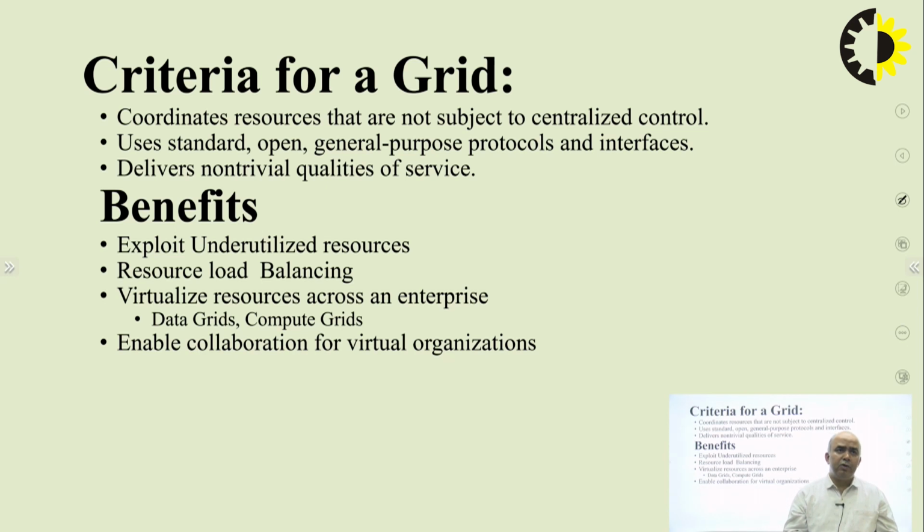So the criteria for a grid are: coordinating resources that are not subject to centralized control, using standard open general purpose protocols and interfaces, and delivering non-trivial quality of service. It means in grid computing the centralized control is not there, so we say it is distributed in nature.